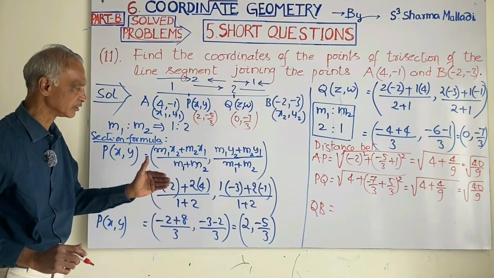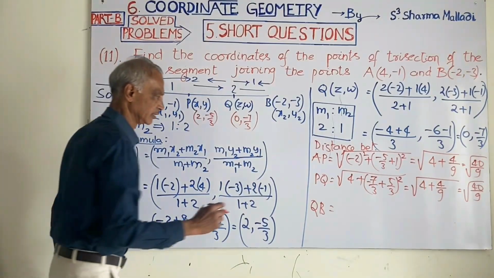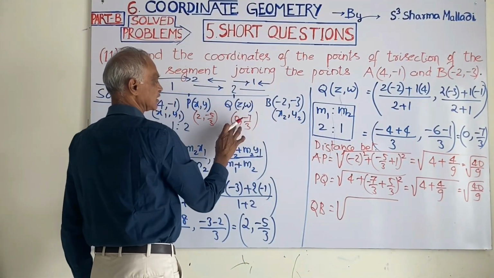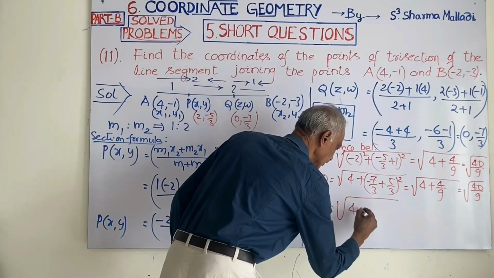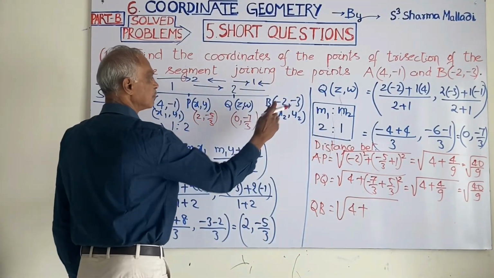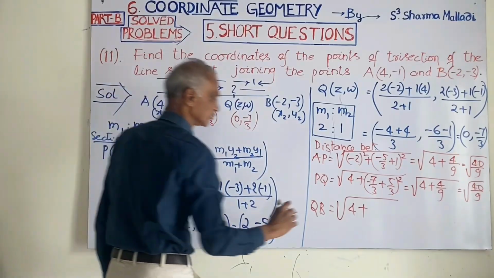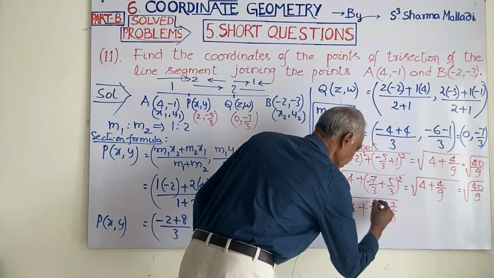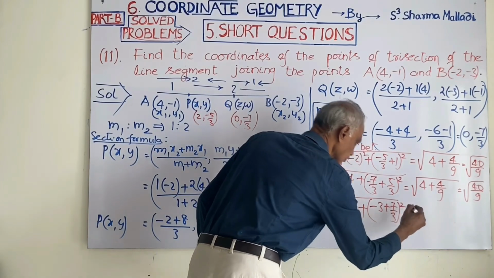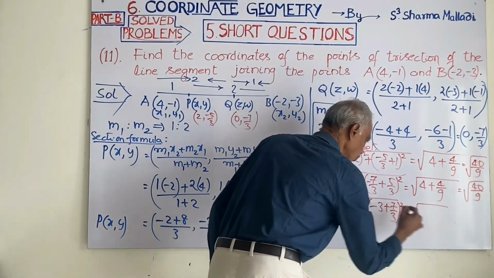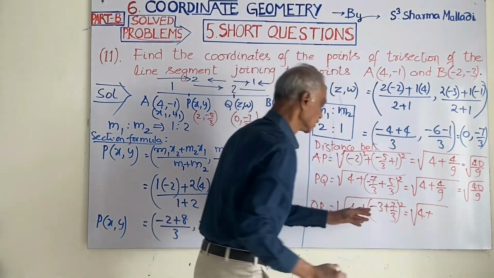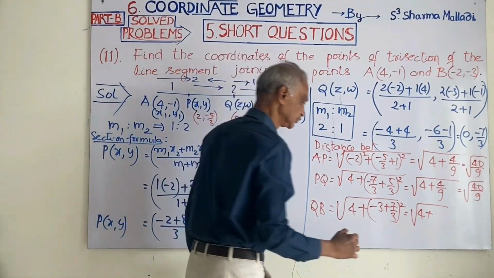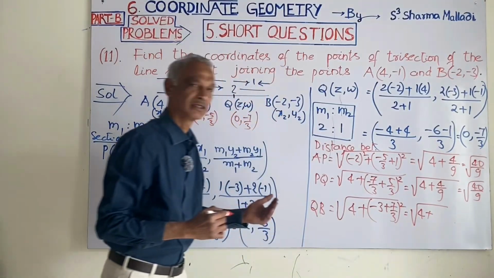Now we will find the distance between Q and B. Root of minus 2 minus 0 whole square means 4, and minus 3 plus 7 by 3 whole square. 4 plus 3 threes are minus 9, plus 7 by 3, minus 2 by 3.